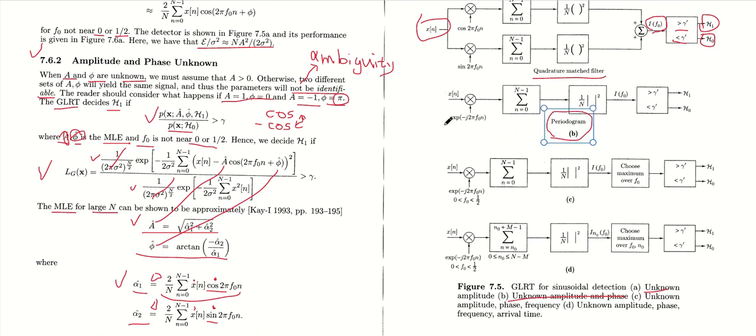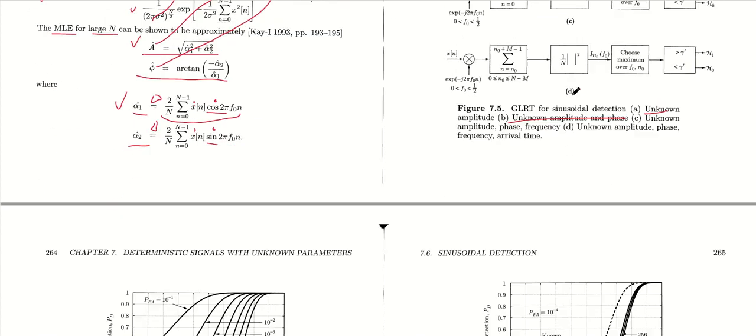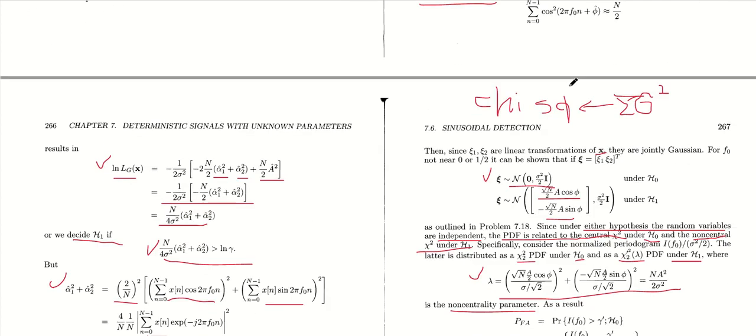You have x, then you multiply with the exponent, and then you sum it up. You take the square, sum it up, divide it, you get I0, and then you do that. So exactly this and this is the same, except the implementation is different, but they are mathematically identical.